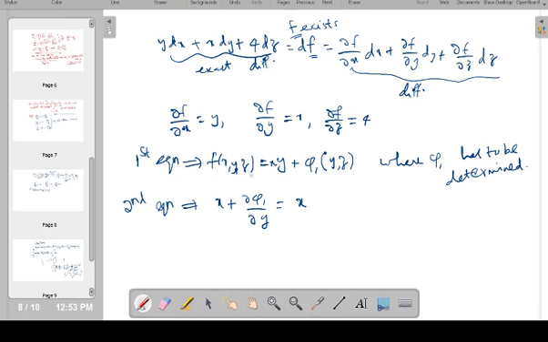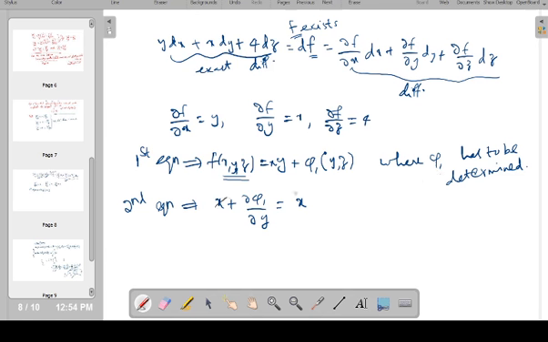I will repeat again. This is your f, and dou f by dou y from this equation you found to be x plus dou phi1 by dou y, and from the second equation dou f by dou y must be equal to x. So the left-hand side is obtained by differentiating the f which we have found out, but not completely, because f will be completely determined once phi1 is determined.